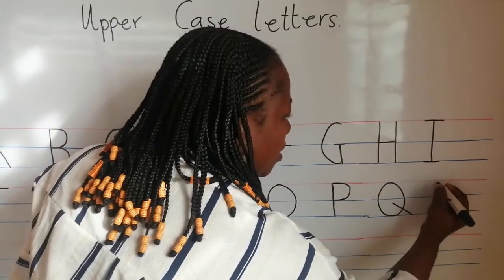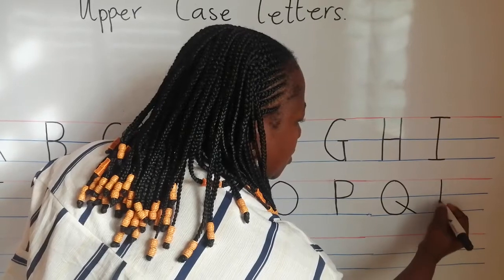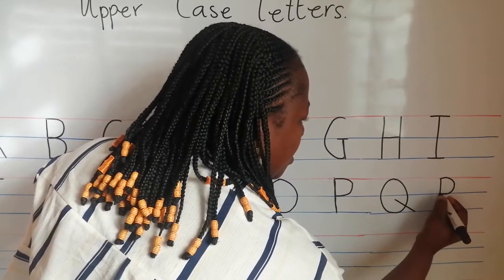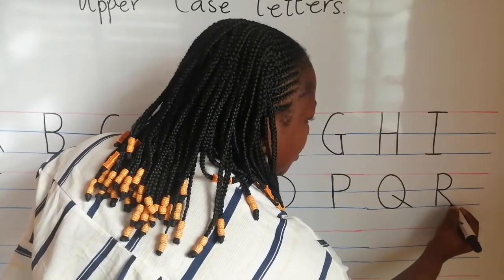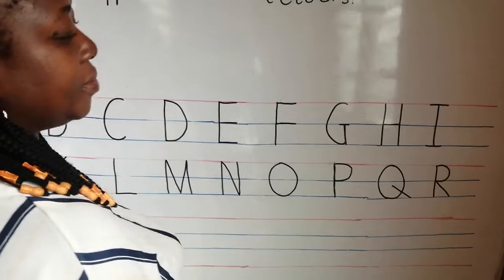Now R is also a stroke down, curve in and a flick out, or a stroke to the right.